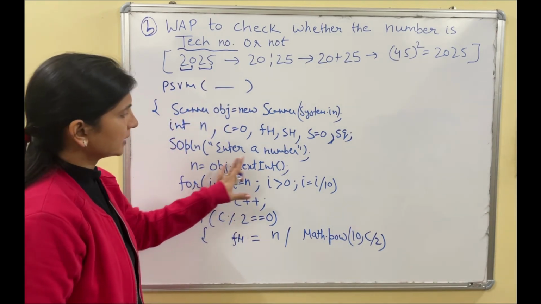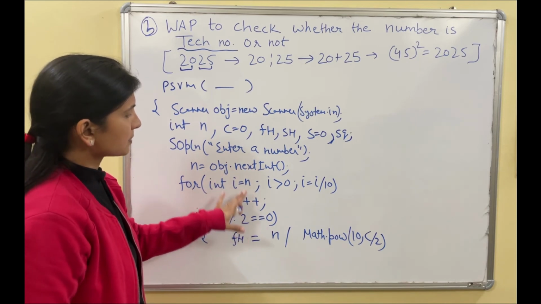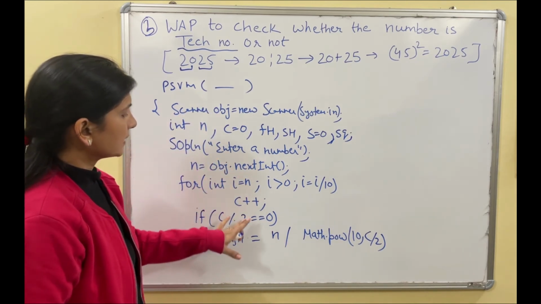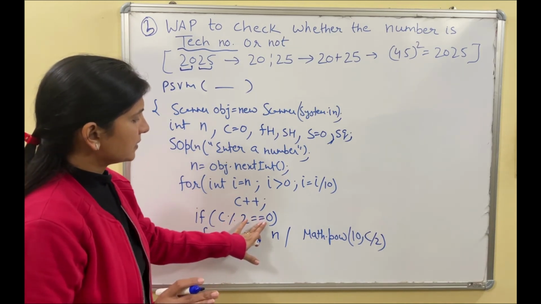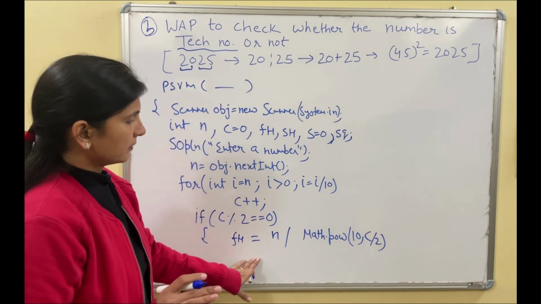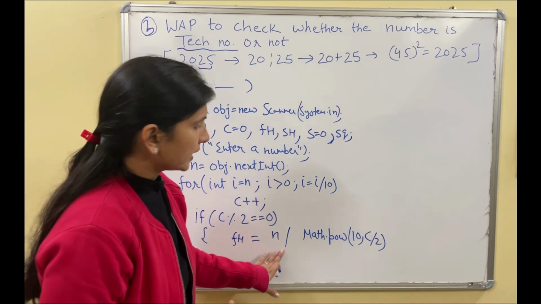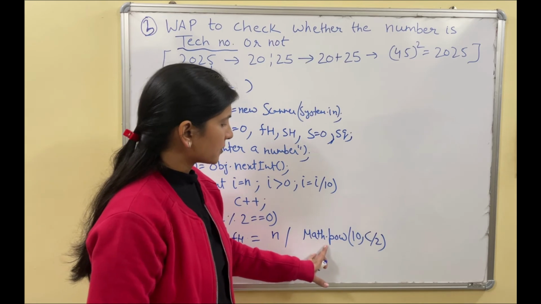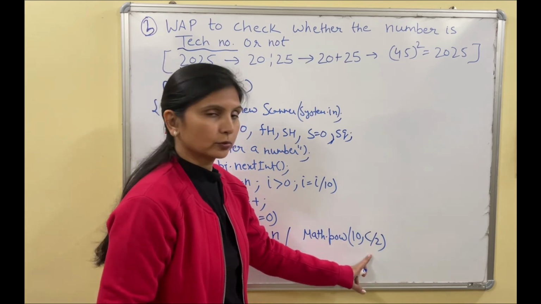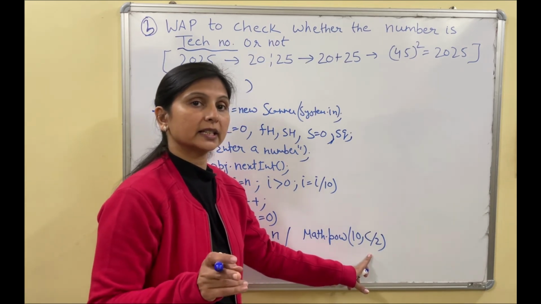Fine, it will count the number of digits. So c++ will count it, and we will get c after the loop as 4. As it is even, it will enter here. Now n is 2025, n slash Math.pow(10, c/2). 10 comma c by 2, what is c? 4.